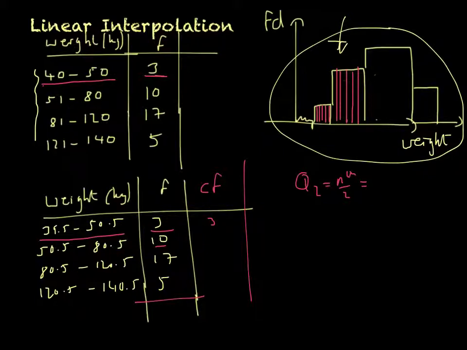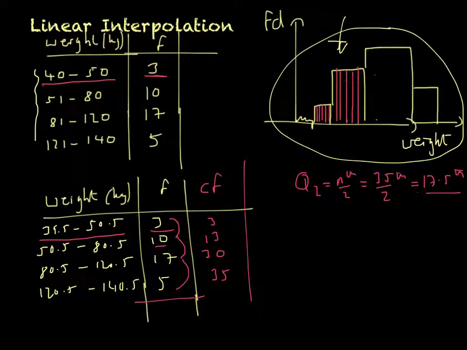So I've got 3 here, and then in total, so far I'm going to have 13, 3 plus 10, and then I'm going to add the 17, so that makes 30. And then I'm going to add my 5, which gives me a total of 35. So there are 35 over 2, which is our 17.5th value, is our Q2 number.